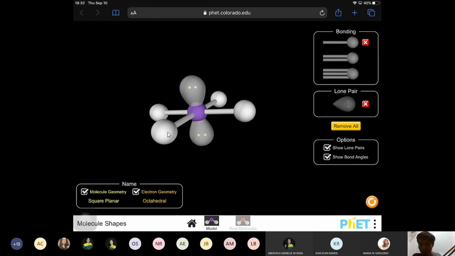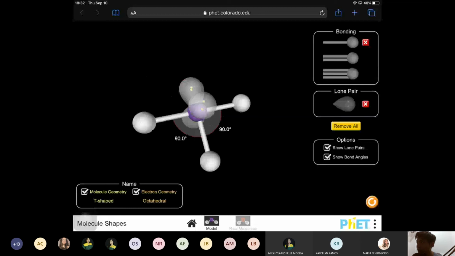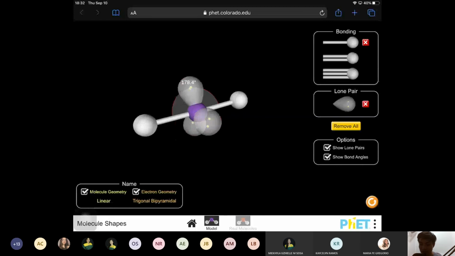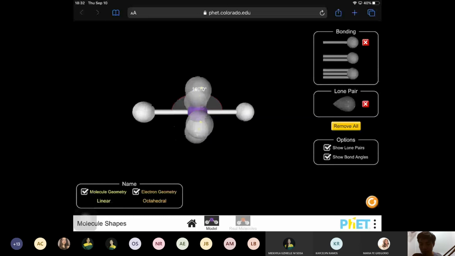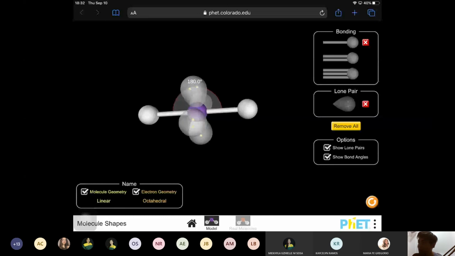Isa na namang lone pair. Anong shape yan? Letter T na naman. Assert your dominance, letter T. Ano code ko dyan? AX3E3. T-shape. Tapos palitan ko na naman yung isa ng lone pair pa. Pag may apat na akong lone pair and dalawang X, AX2E4, ang kanyang shape ay linear na.